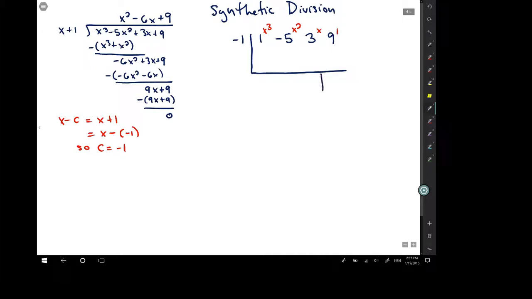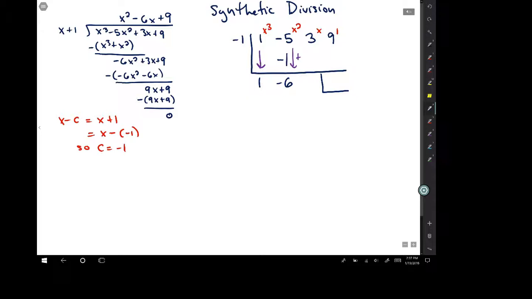Okay, I have my remainder box down here, and I begin this whole process just by bringing the 1 down. I multiply by minus 1, and I bring it up here. And then I add vertically, and I end up with minus 6.